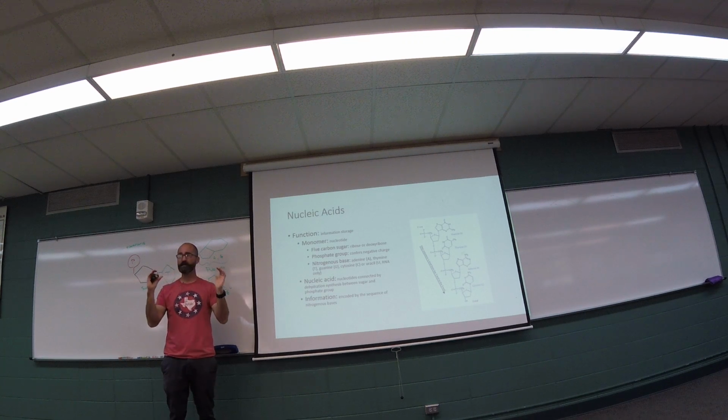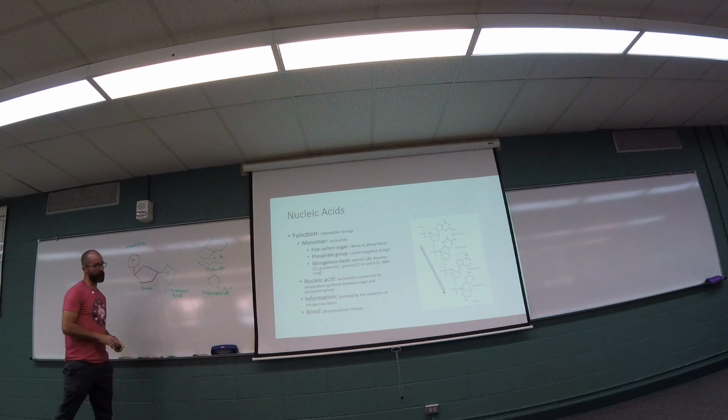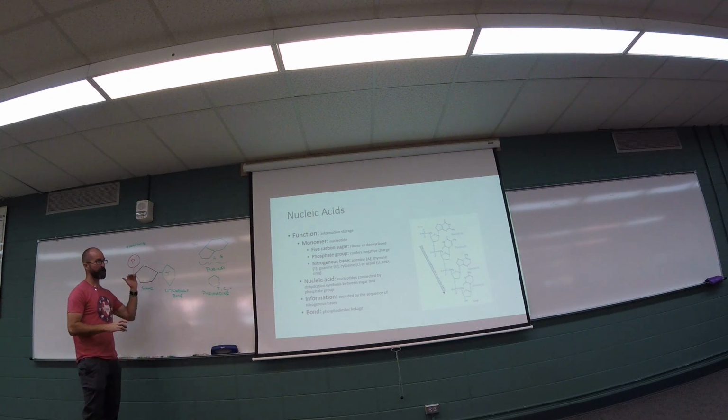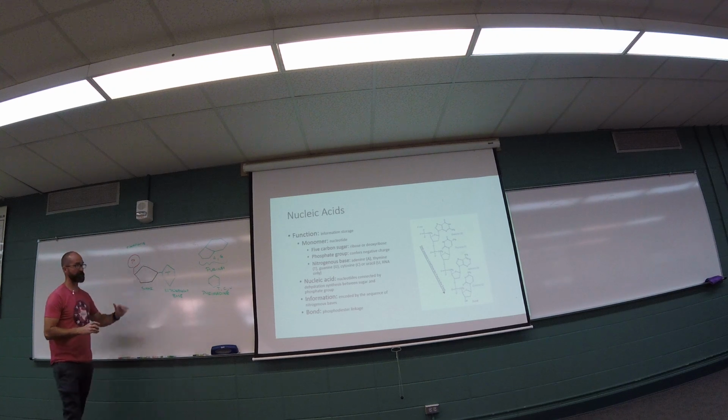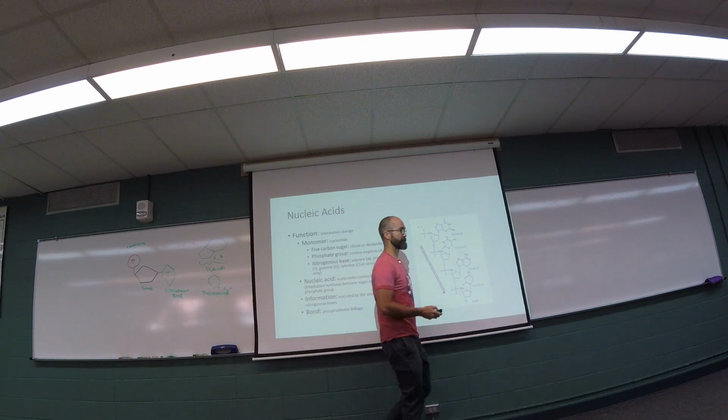And that gene region will have a unique, non-random sequence of nitrogenous bases. Those nitrogenous bases code for amino acids. And again, the link between phosphates and sugars is called a phosphodiester linkage, or a phosphodiester bond.